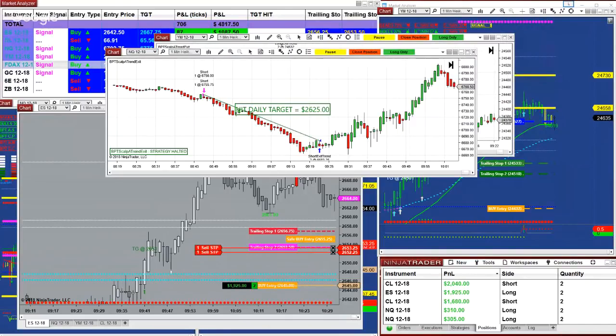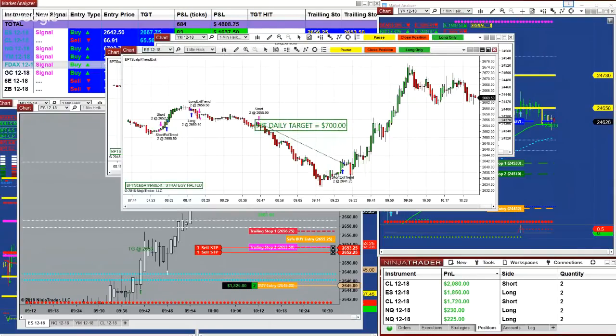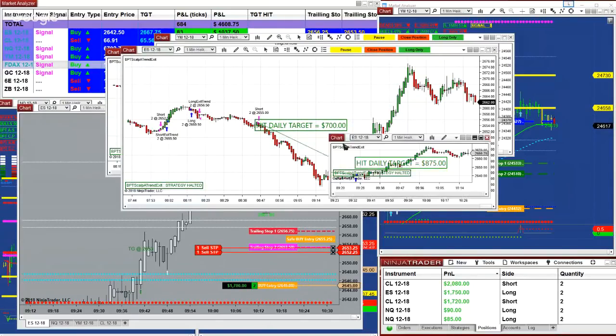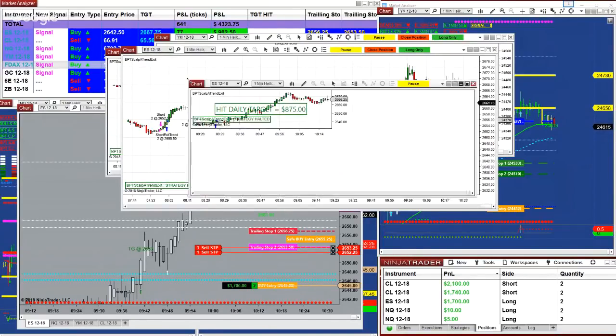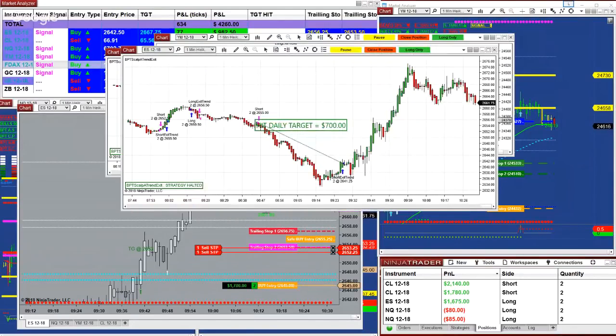So how you want to play the game, you can play it. And the ES on the filtered one hit the target at 700, and the unfiltered hit the target at 875. This is not bad. So there is around a couple of $100 between those two, filtered and non-filtered, but also the filtered can keep you away from the chop market.